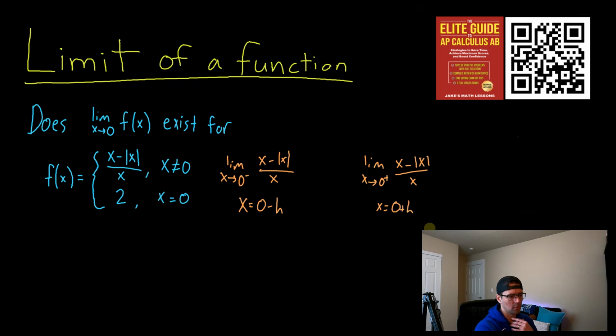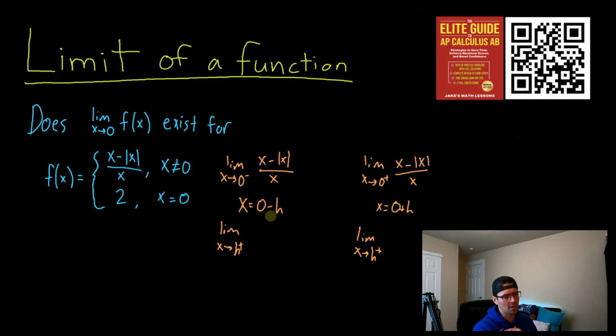The reason we do that is because then we can rewrite this limit as h goes to 0 from the right side. So h is going to be a very small positive number, and that's the case for both of these limits: the limit as h goes to 0 from the positive side, the right side. Then we basically change this function by substituting 0 minus h in for x.